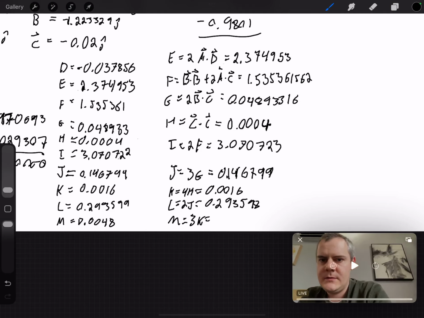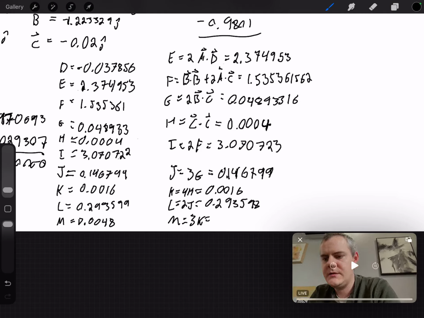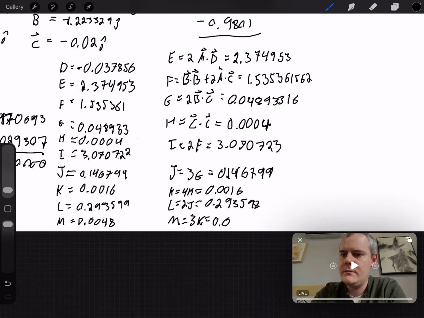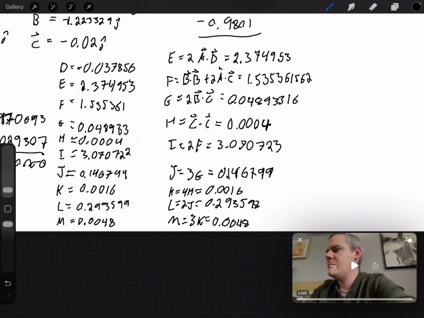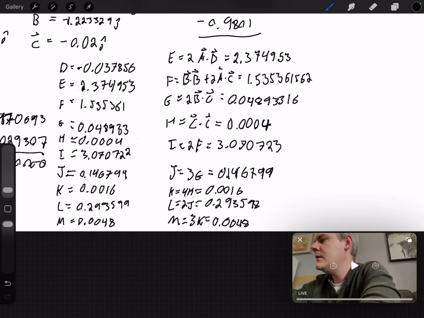Three times 0.0016 is 0.0048. Okay, alas, we've done it. We've seen that the coefficients seem correct, and we can move forward.